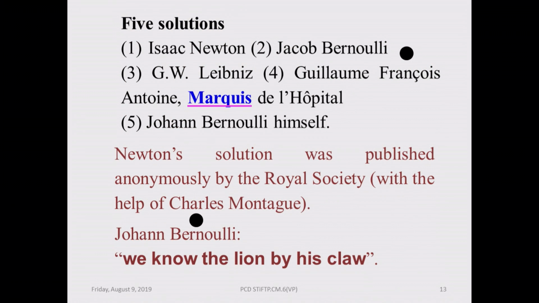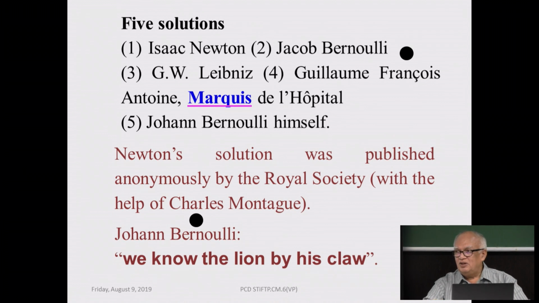And there were 5 solutions which were offered to this problem. One was by Isaac Newton, then by Jacob Bernoulli, who was a brother of this Bernoulli. When you talk about Bernoulli, there are so many Bernoullis in 3-4 different generations, some sons, cousins, nephews, and so on. And all of them were brilliant. So it was an extremely brilliant family. And then there was a solution offered by Leibniz, by L'Hospital.